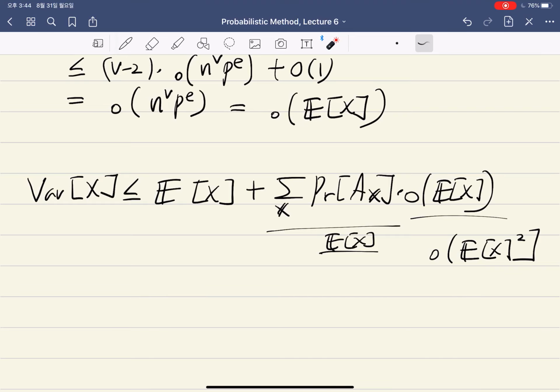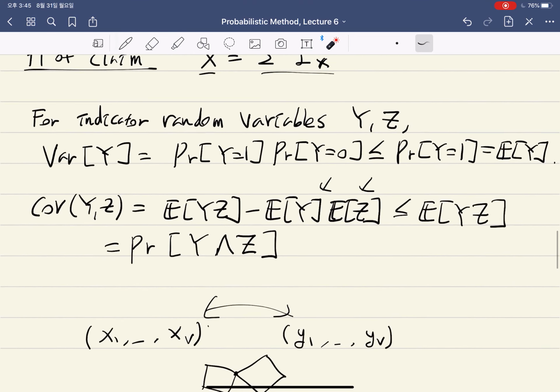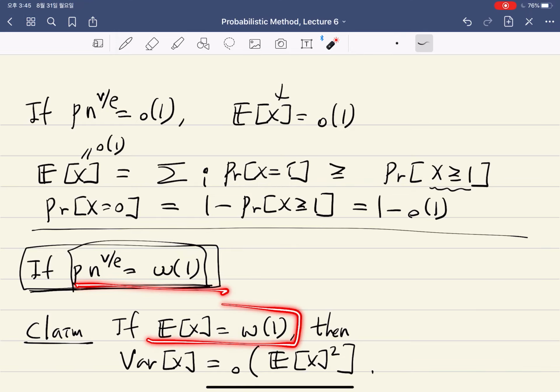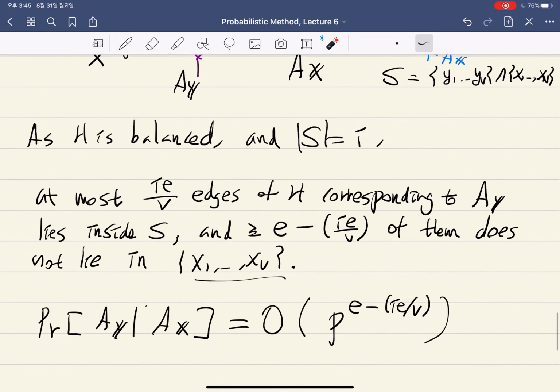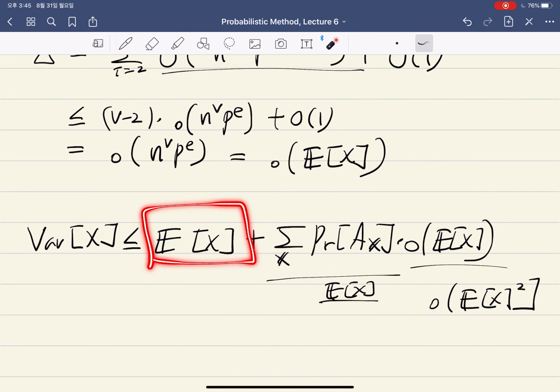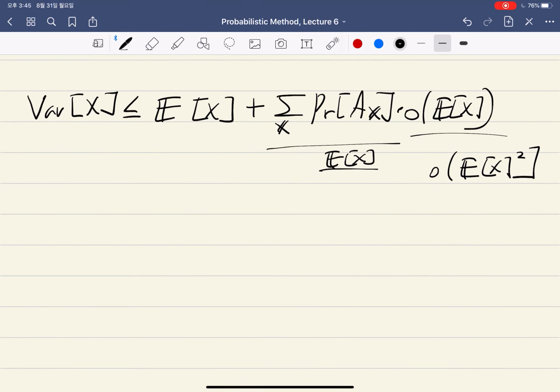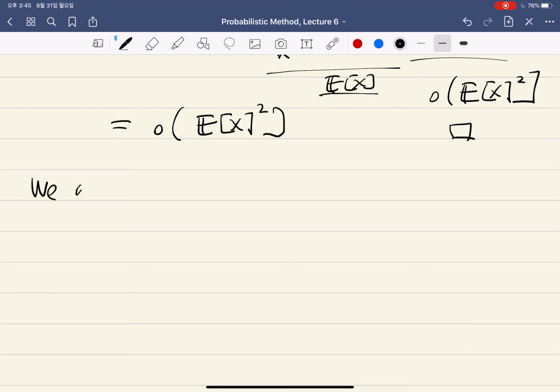But what we know is that as we assume this expectation of X goes to infinity, that means this term is also much smaller than expectation of X squared. So this is little o of expectation of X squared. So we have this. Now we apply Chebyshev. So this concludes the proof of the claim, and now we want to conclude the proof of the theorem.